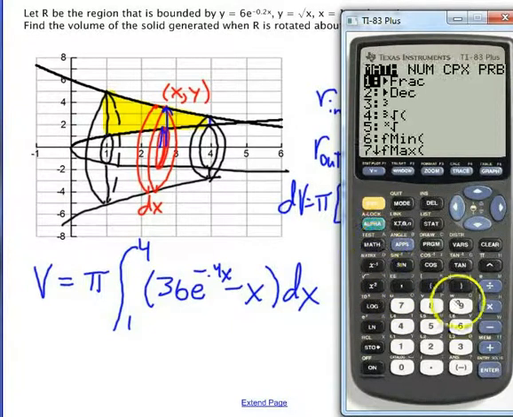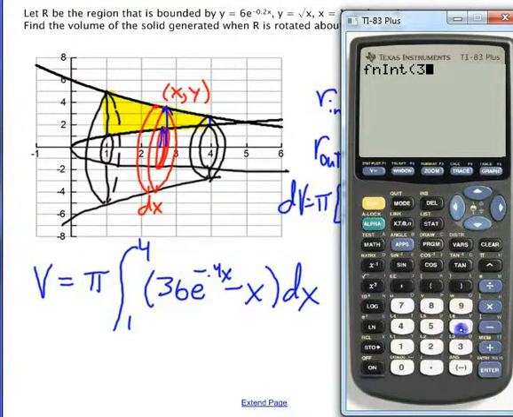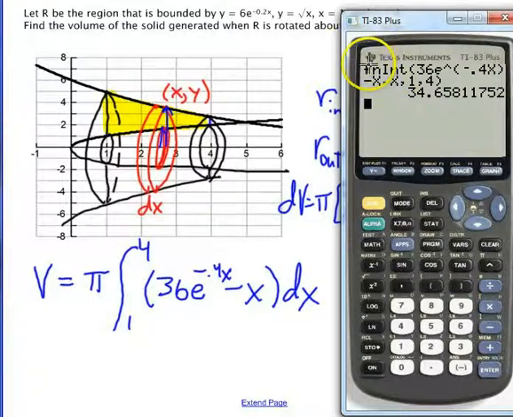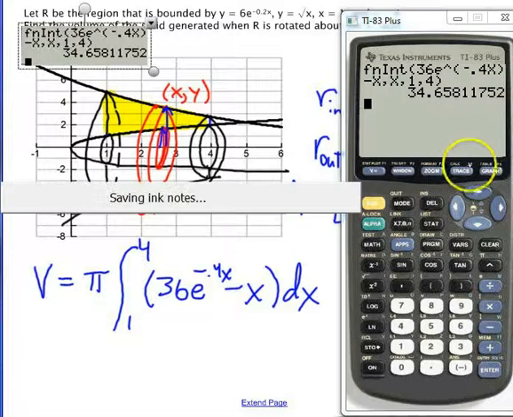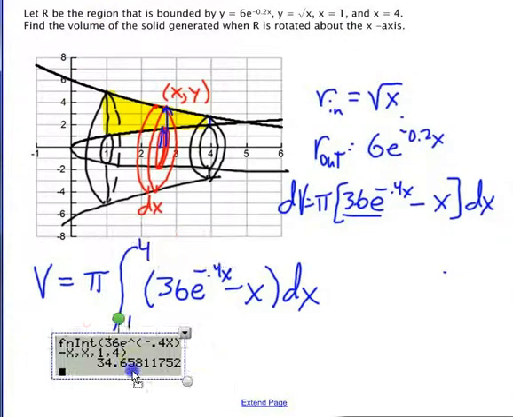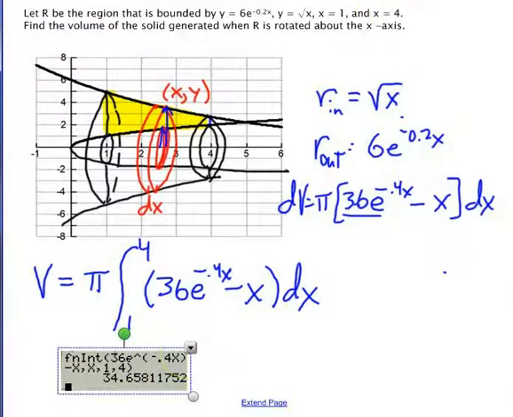I'm going to go math 9, 36 e to the negative 0.4x, close parentheses, minus x, comma, x, comma, 1, comma, 4, close parentheses. And there's our answer. Let me grab that for you. Don't forget that that is being multiplied by pi. So let me write the pi right there.